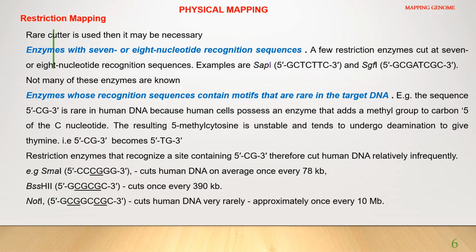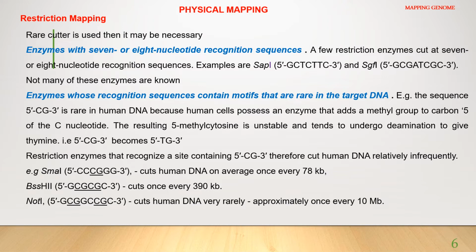The main disadvantage or limitation of this method is that most of the restriction enzymes have many restriction sites. This leads to formation of too many fragments, thereby making inferences difficult.